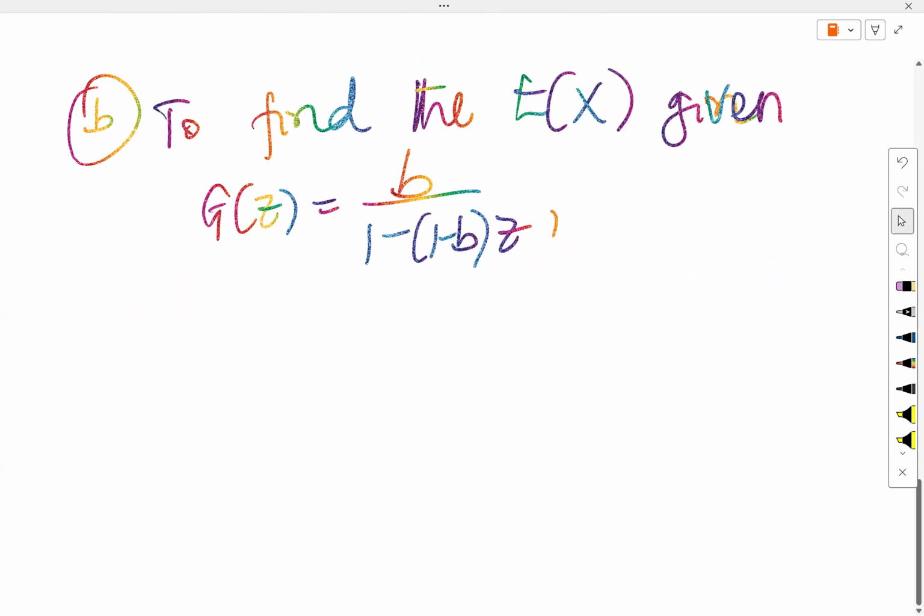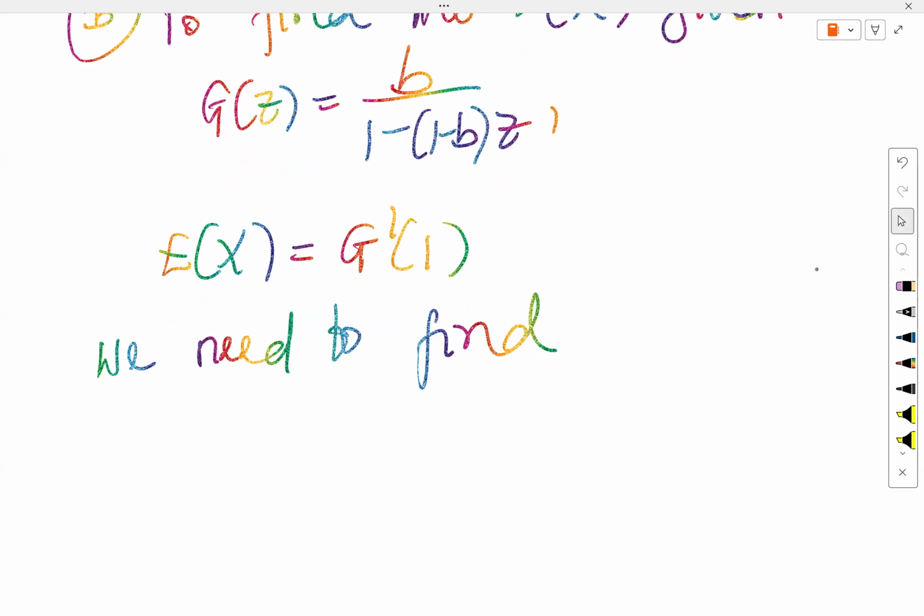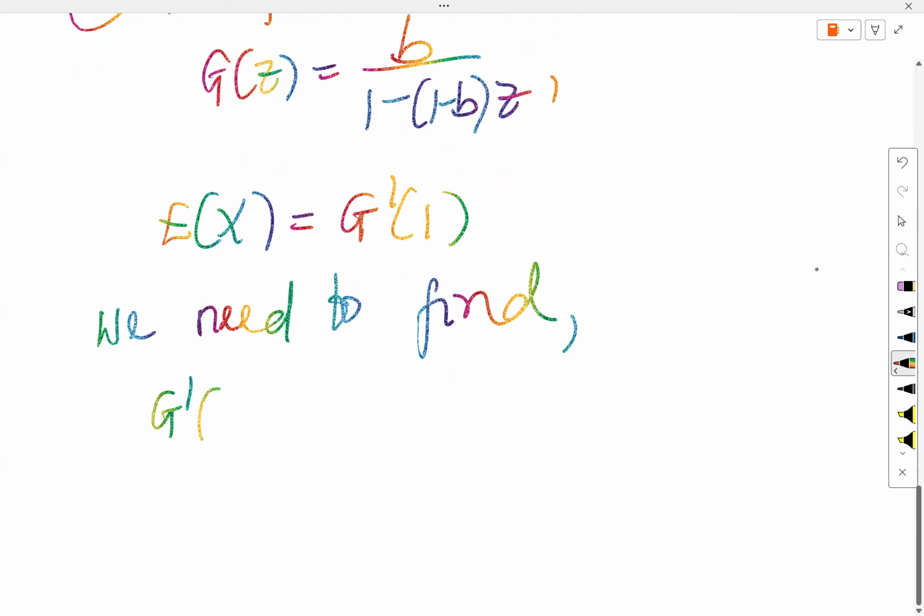So what does that simply mean? The way to do this is that we need to know that the expectation of X in this case is the first derivative of the generating function evaluated at 1. Now, what that means is that we need to find g prime of z.